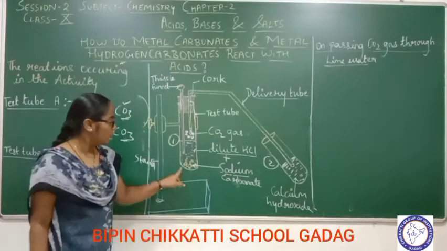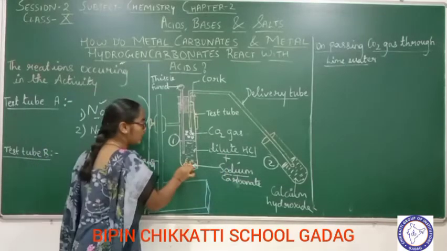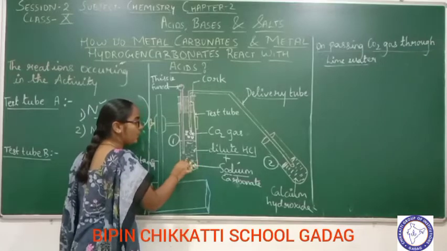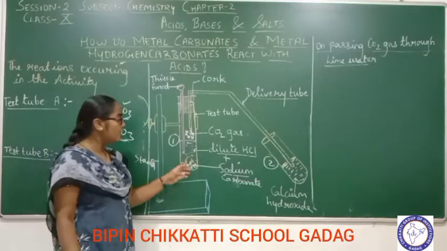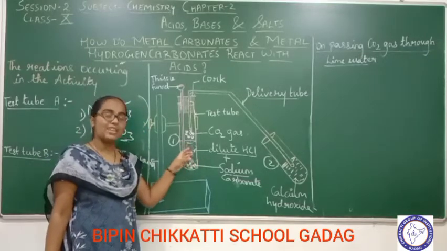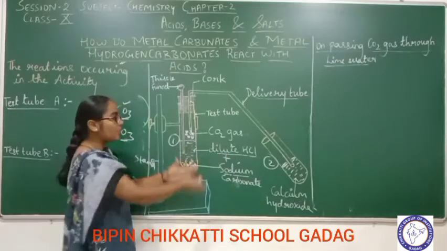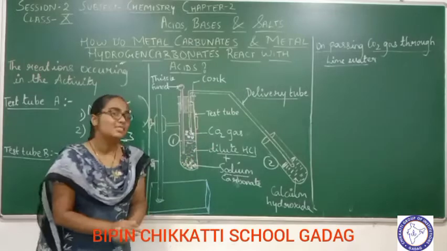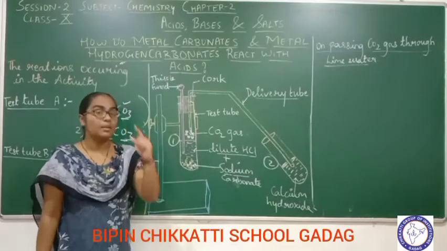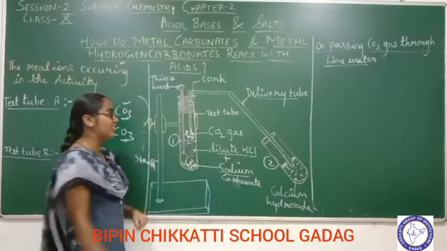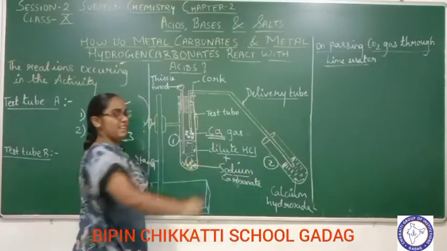Understood my point? The granules over here are sodium carbonate, and these granules have to react with the liquid form of acid, which is hydrochloric acid. When these two react, a certain product is evolved. The main product evolved here is carbon dioxide gas.